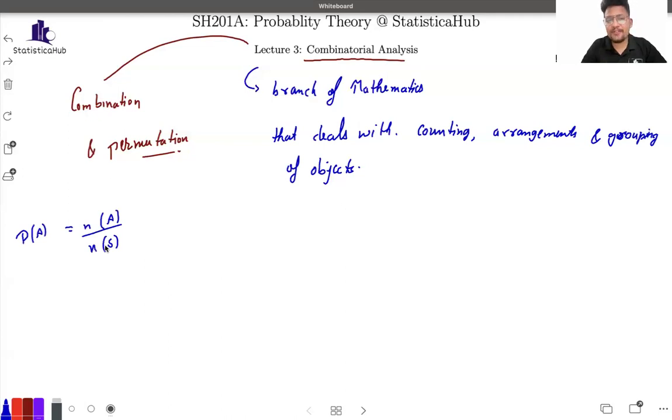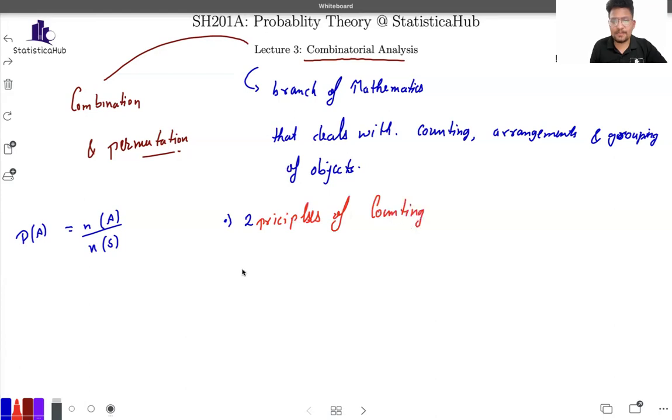But what if we have a much more advanced experiment, in which we won't be able to see the possible number of outcomes in one go? To tackle these kinds of problems, we have to understand the methods that we are going to deal with in combinations and permutations. So basically we have two principles of counting.